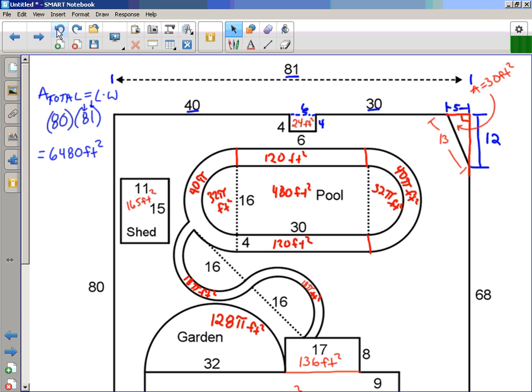So now we got to go through and we got to start adding some of this up. So let's talk about doing the perimeter of this thing. And if you will, give me a moment and I'm going to go through and clean this up and I'll be right back.